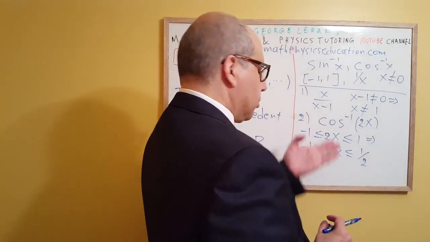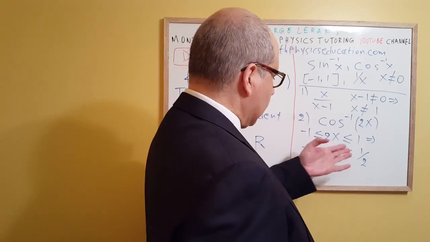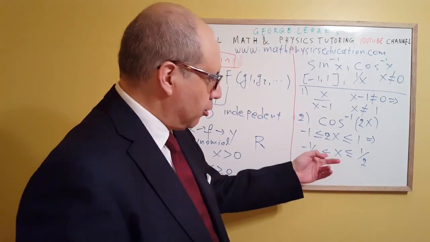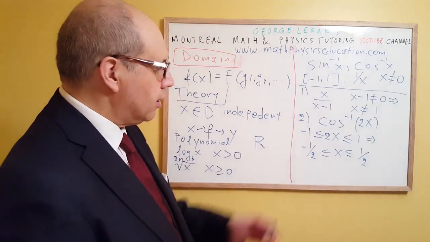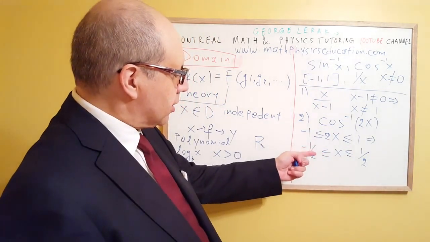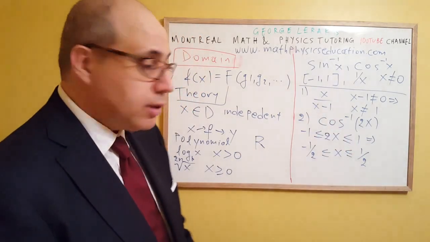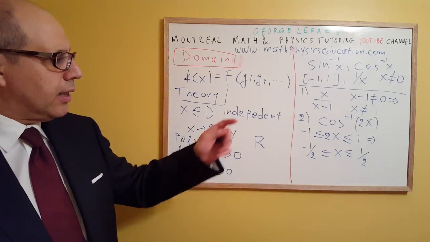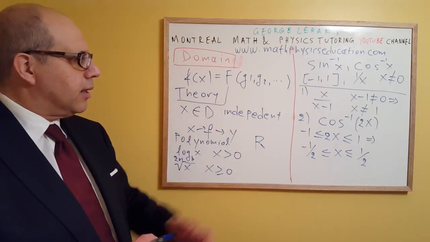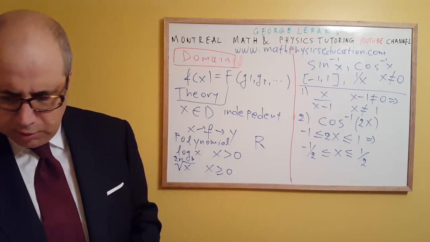Here, of course, since you divide by a positive number, the inequality sign stays as it is on both sides of the inequality. So the domain of this function is all the real numbers between -1/2 and 1/2 included. And that's about how to find the domain of any function.